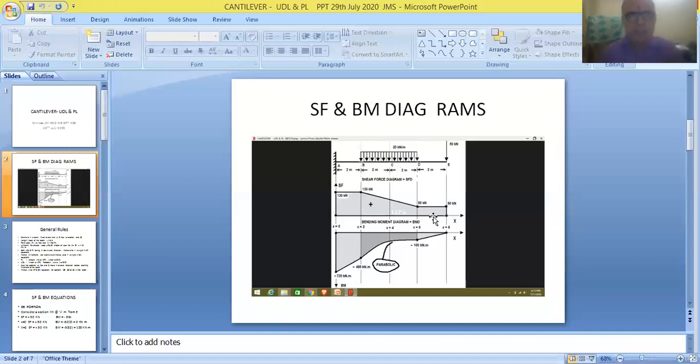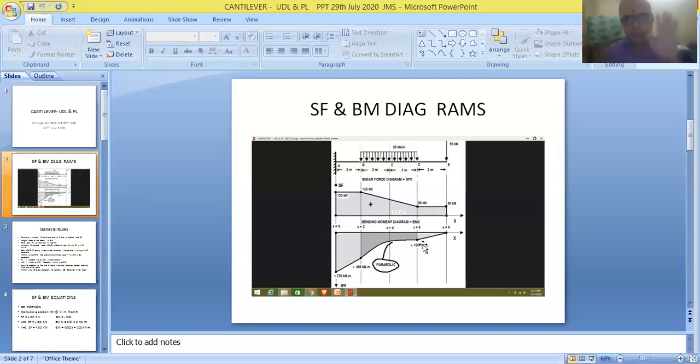Finally, we construct these diagrams. The first is the SF diagram, the shear force diagram, indicating the shear forces at various points on the beam. The second is the bending moment diagram, indicating the bending moments at various points on the beam.